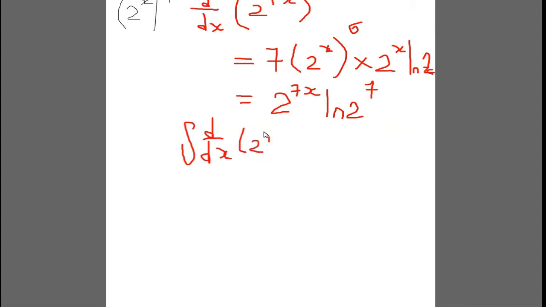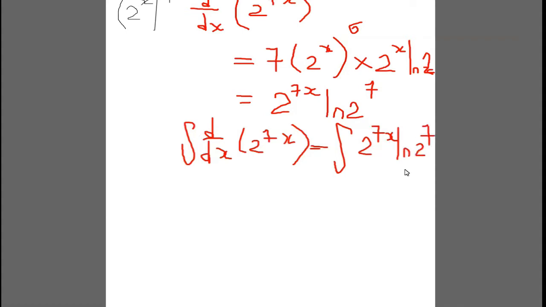Integrating d by dx of 2 to the 7x, and that's equal to, now we're integrating both sides here, the integral of 2 to the 7x ln 2 to the 7th. Now never leave off your dx. I left off the dx here. 2 to the 7th is what, 128? I'm not sure, so I'll just write back 2 to the 7th.